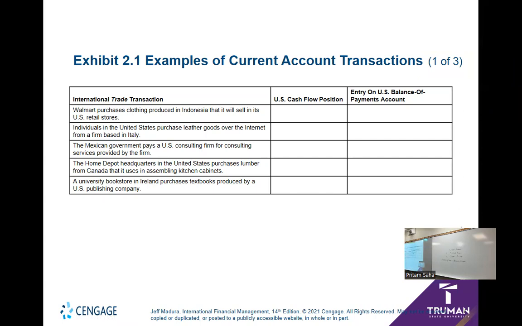Services. It's an inflow for the service, right? Sponsoring service. Credit, right? Fourth one. Outflow for goods or services. Goods. Okay. Debit, right? Fifth one. Inflow for goods.